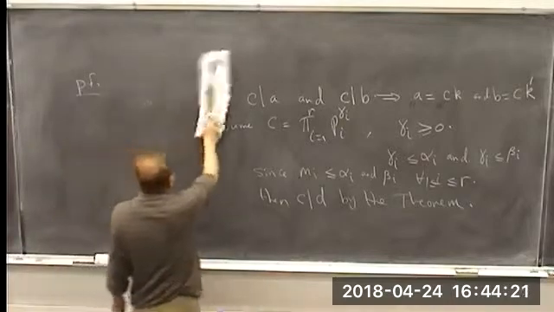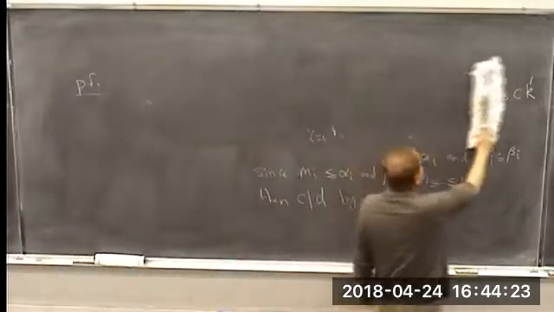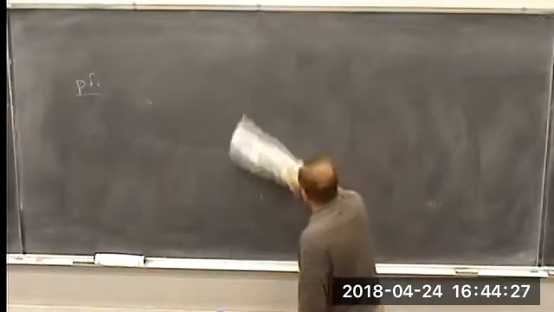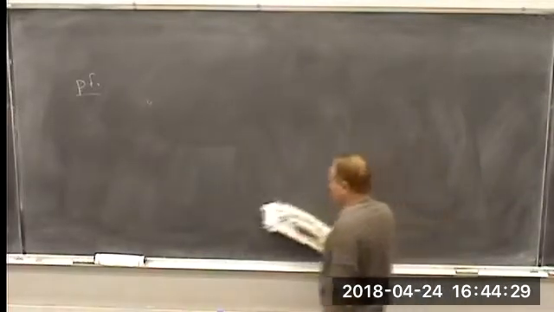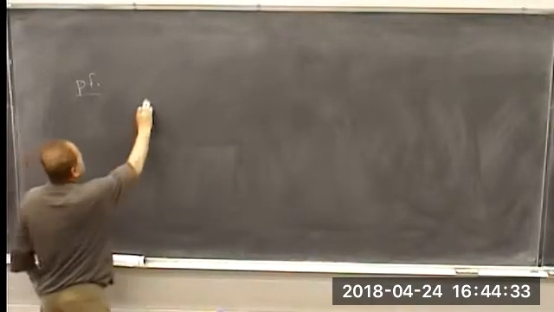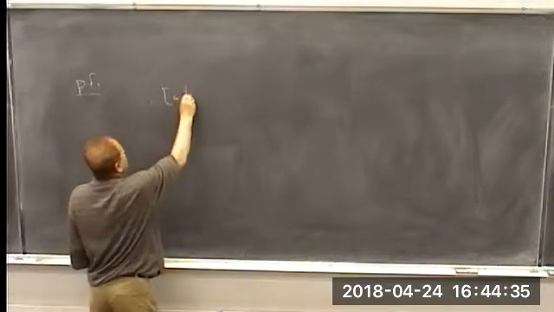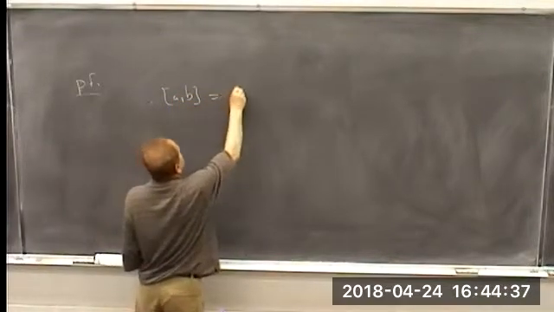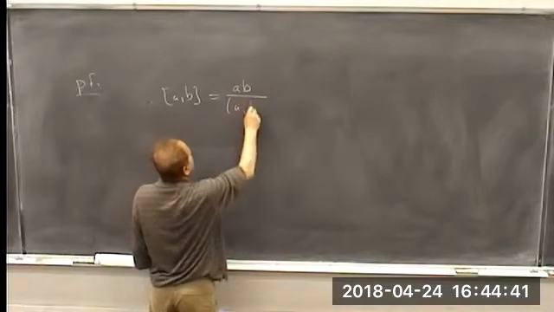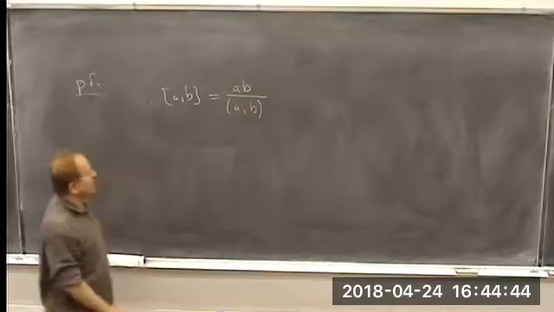The final result is for the least common multiple, which follows immediately from this formula. Remember, we proved this one is equal to AB, everything positive, divided by the greatest common divisor.